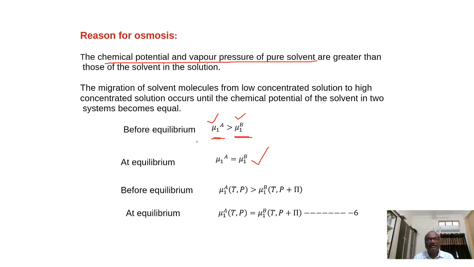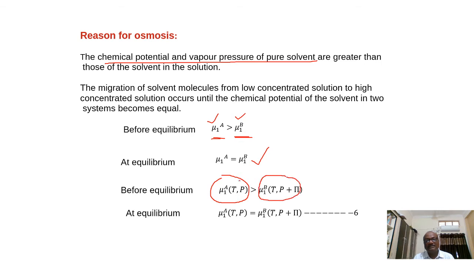So let me see what is happening before equilibrium. Mu1 A state, at constant temperature and pressure, will be greater than mu1 B at constant temperature, pressure plus pi. So at equilibrium, what happened? Both of these, because the vapor pressure of this solution will be greater than the vapor pressure of this solution.